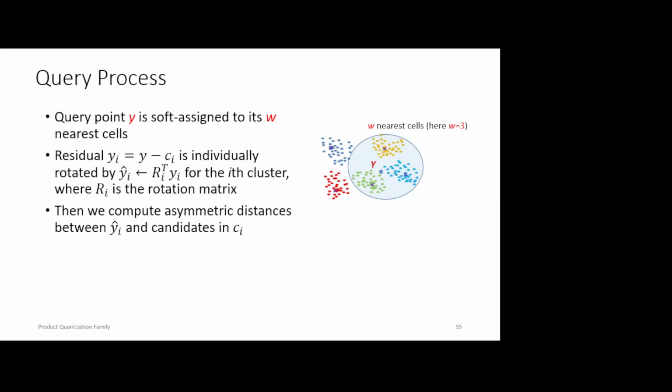When y is subtracted from the centroid, we get y's residual, and given the residual yi, yi will be rotated using the rotation matrix for the ith cluster.